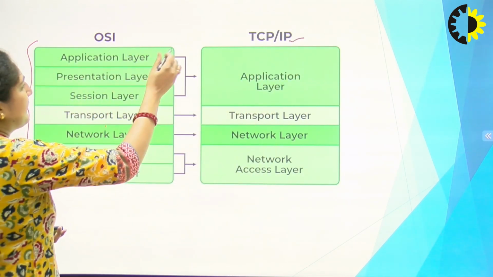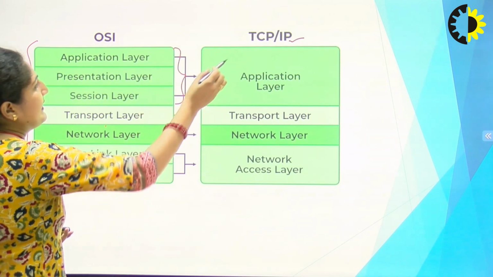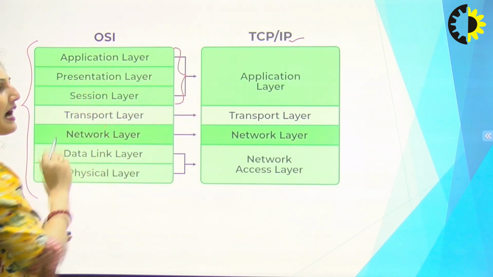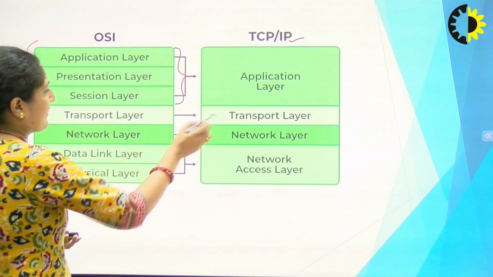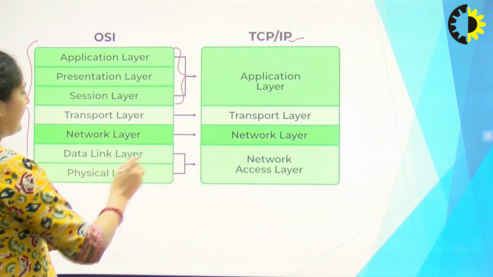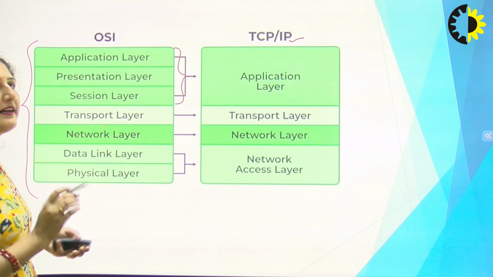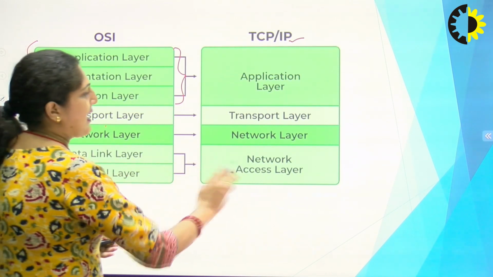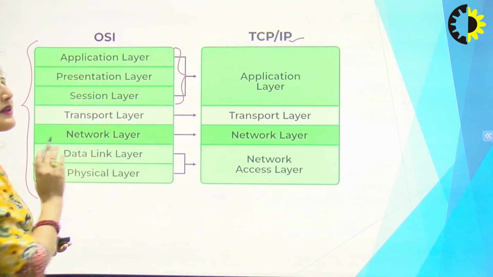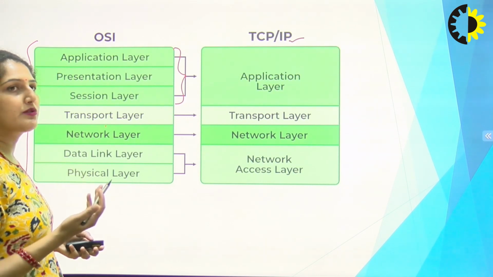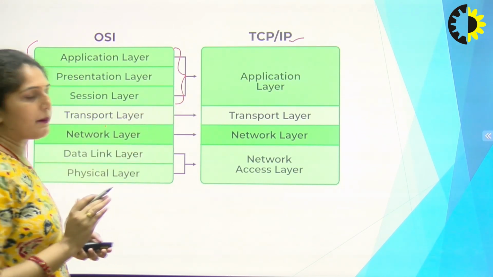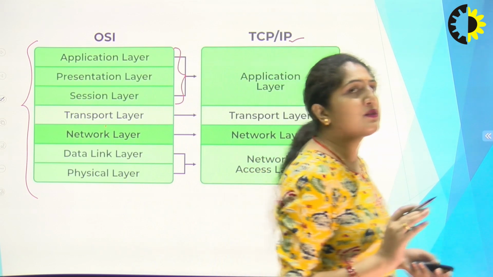In TCP/IP, these three layers are merged into the application layer. Then there is a transport layer and a network layer, and the data link layer and physical layer are again merged as the network access layer. So this is the reference model that we are using to create the TCP/IP model. So that's all for today.